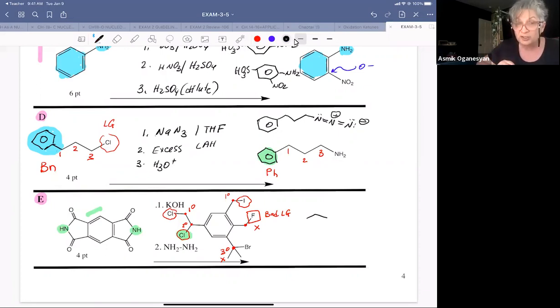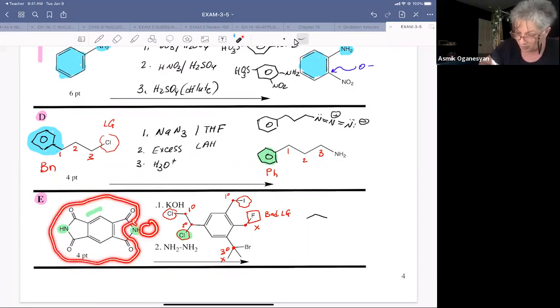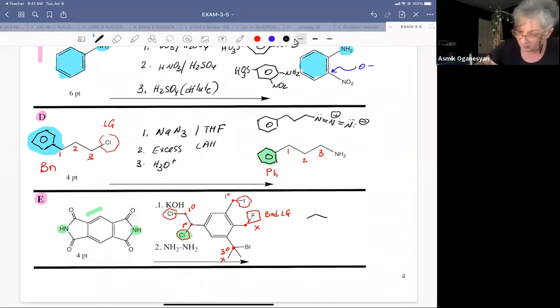And once the reaction is complete and all gone, and I added my alkyl halide onto this position, this whole portion of the molecule is going to come off, and I will be left with this as a product. Let's see.